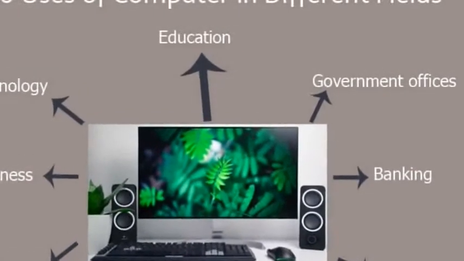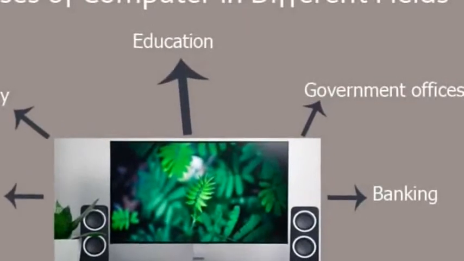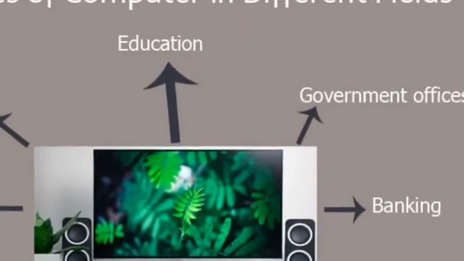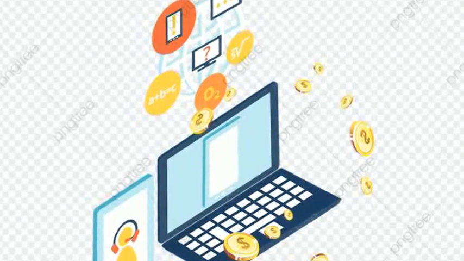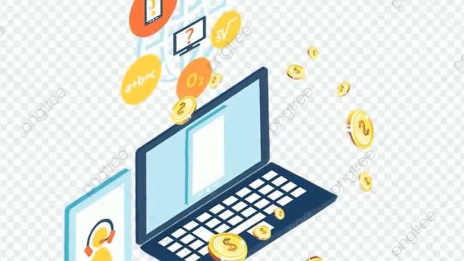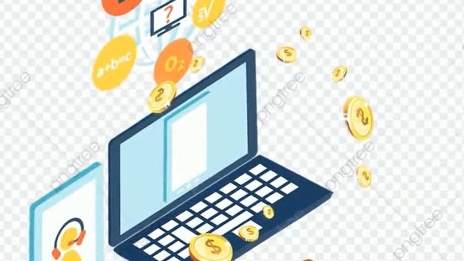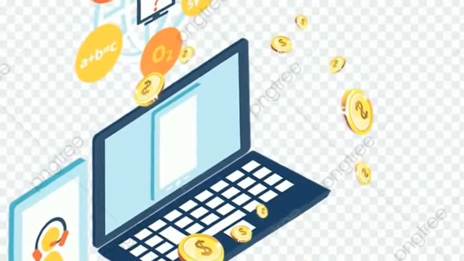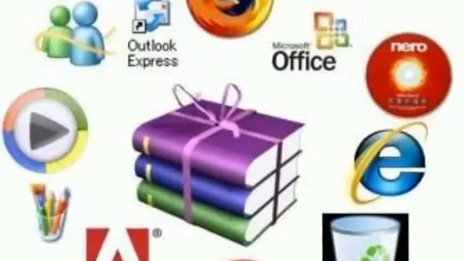Now let's see how computers are used in medicine and healthcare. In the field of medicine, computers are used for diagnosing illness, monitoring patients, curing ailments, and for surgery. Computers can be used to control tiny remote cameras which can take pictures inside the body and help doctors make a diagnosis.